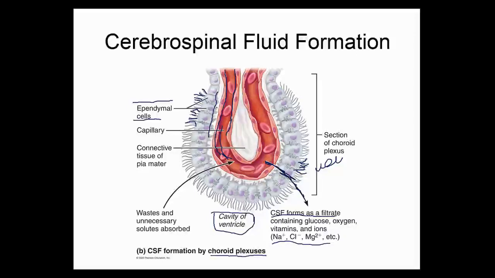The second key feature of cerebrospinal fluid is buoyancy. So it actually helps make things a little bit lighter inside the brain. So we think about the buoyancy. It allows your brain to float within your skull.